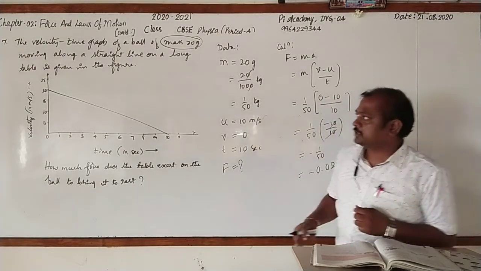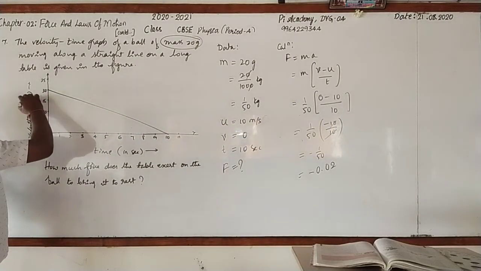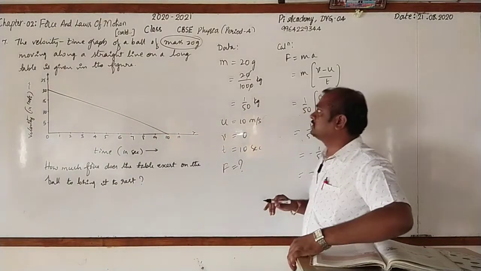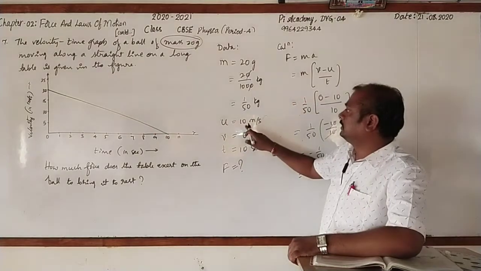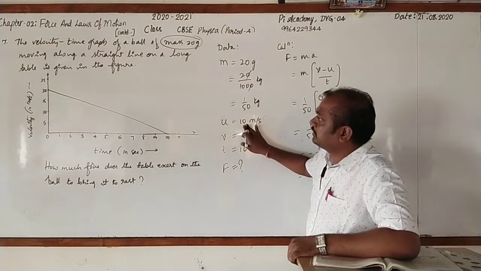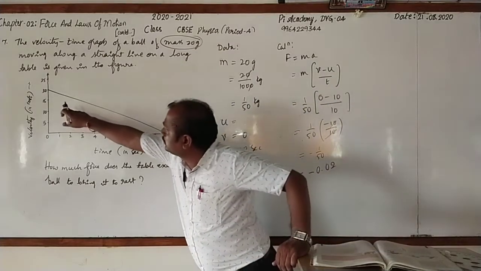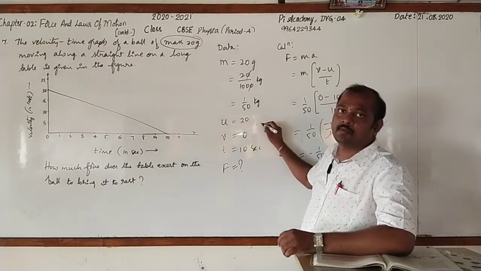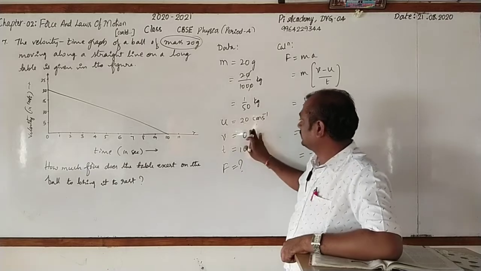But actually in the textbook, they have given it in centimeter per second. Therefore, the data should be changed. Initial velocity is 20 centimeter per second.